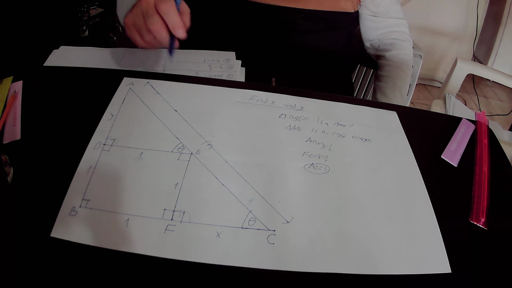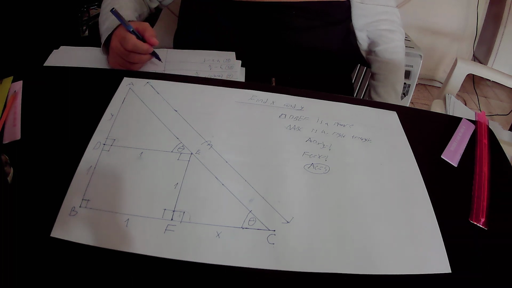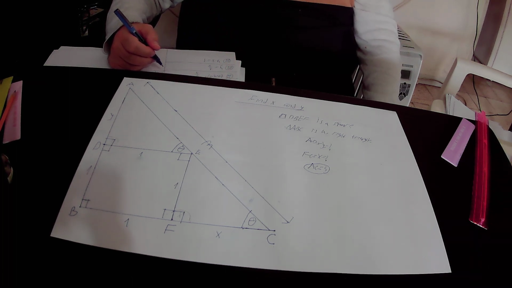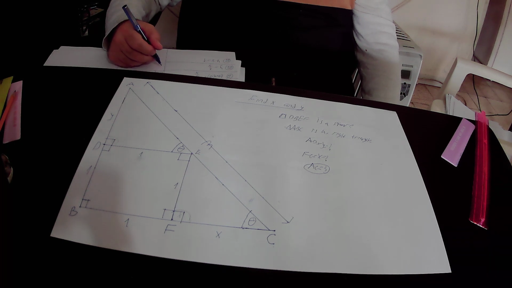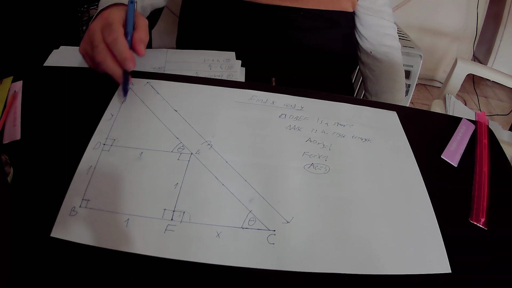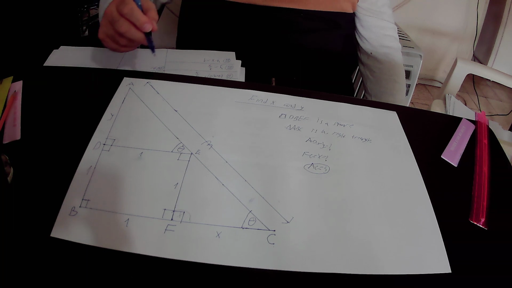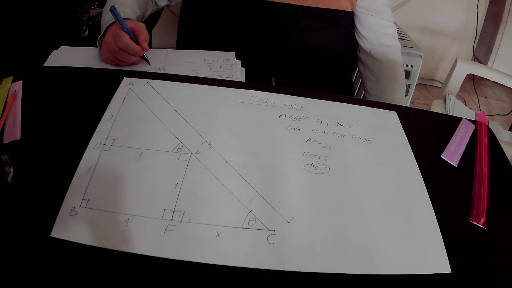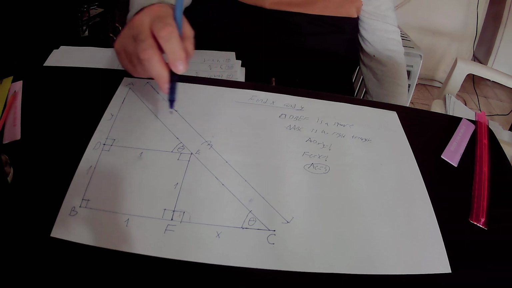Here, we know that AC equals 3 units. Therefore, AC squared is 3 squared, which is 9. It equals AB squared. AB is equal to y plus 1, so AB squared is (y plus 1) squared, plus BC squared.